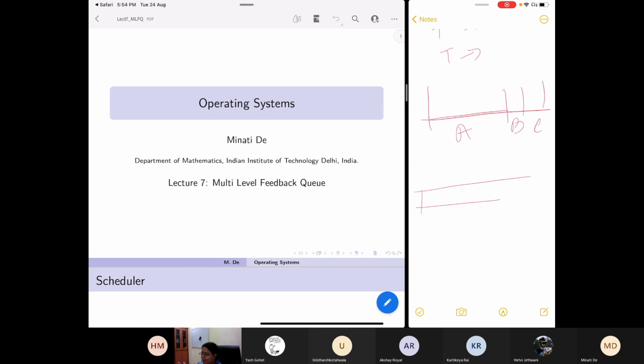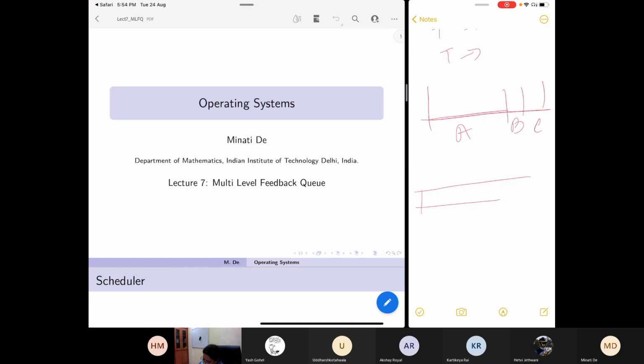So we want a policy which performs very well with respect to response time, also performs well with respect to turnaround time, and is fair. There should not be any starvation. Starvation means, for example, some small job is waiting for a long time for the CPU. That should not happen. So what should the algorithm or policy be?